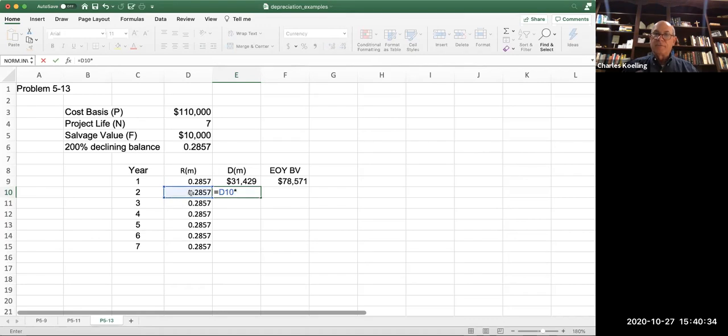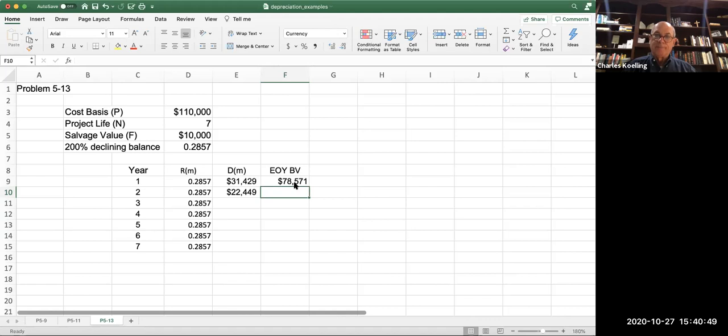Now, our depreciation amount for year 2 is equal to the depreciation rate, remember that's the constant, 0.2857, times the current book value, not times P. We'll take that times the current book value, and that gives us our depreciation amount for year 2 of $22,429.